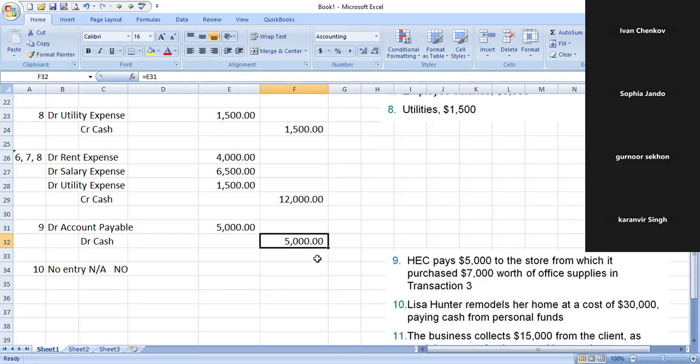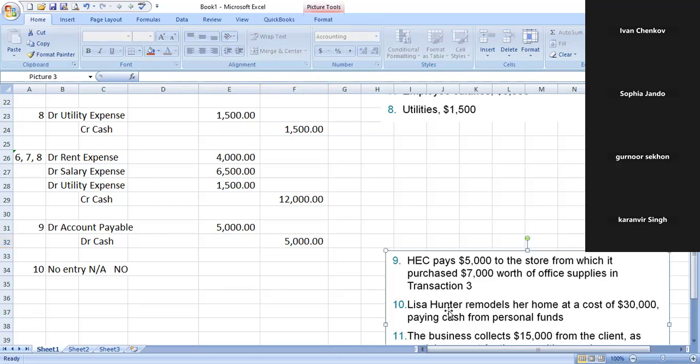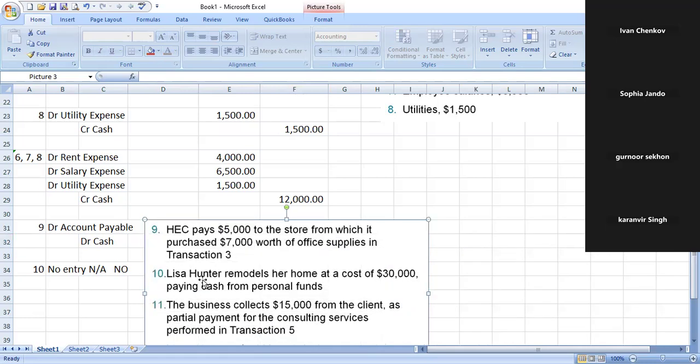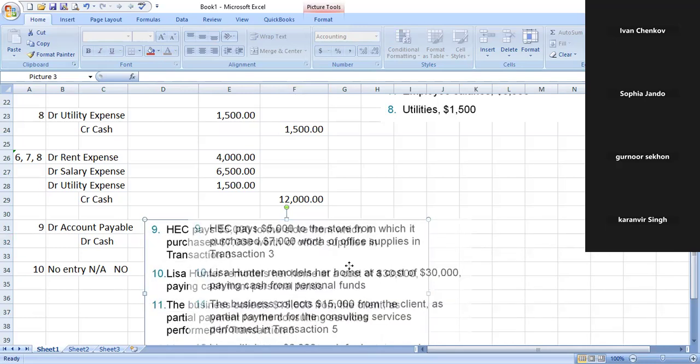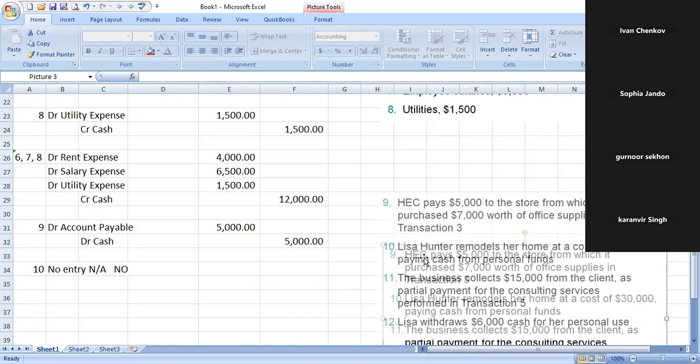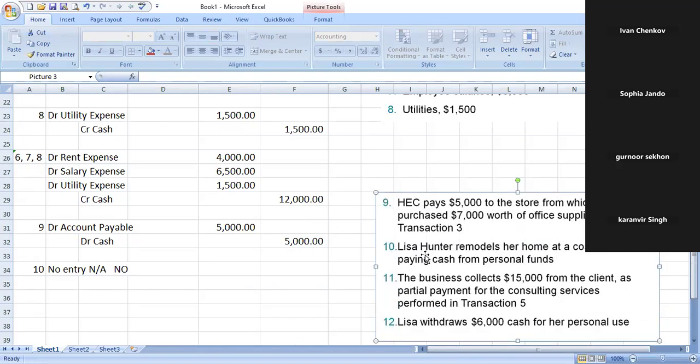Well, did we pay 7,000? The difference will stay in accounts payable. So that means we still have to pay these people $2,000 more. When we're going to pay it, that's a different story.